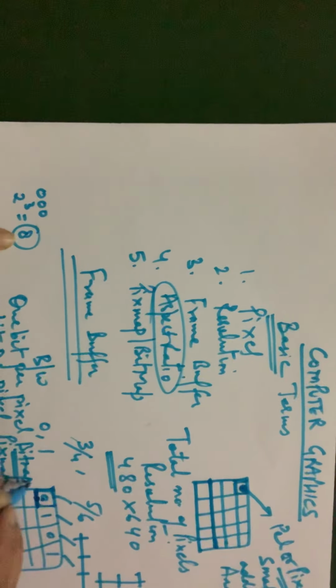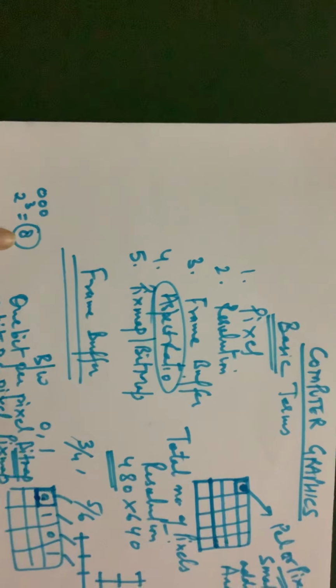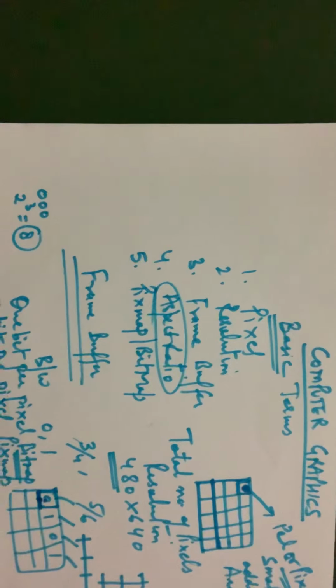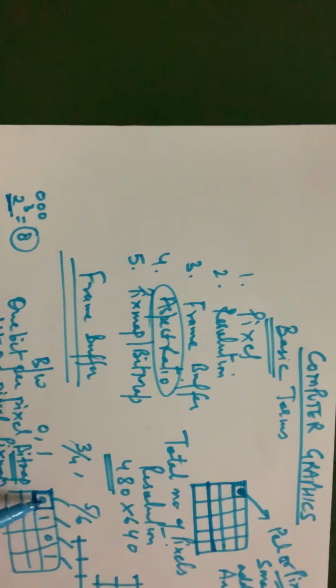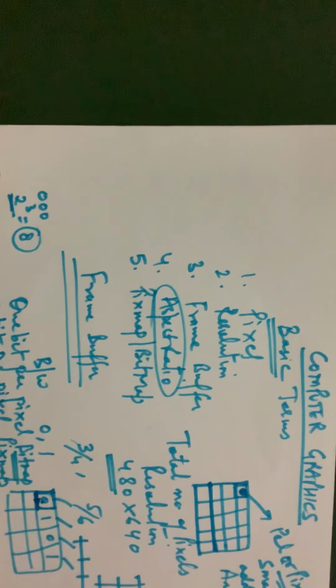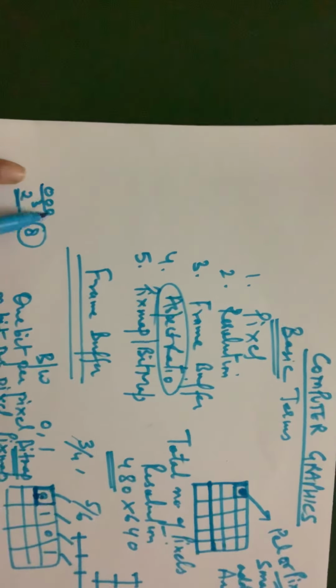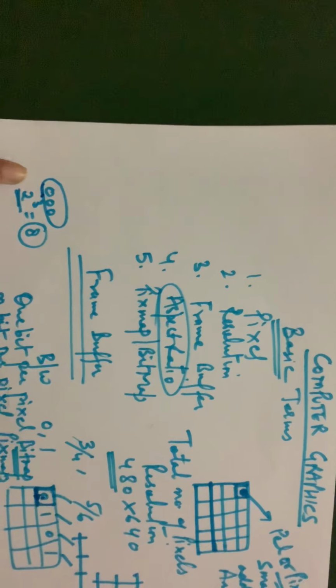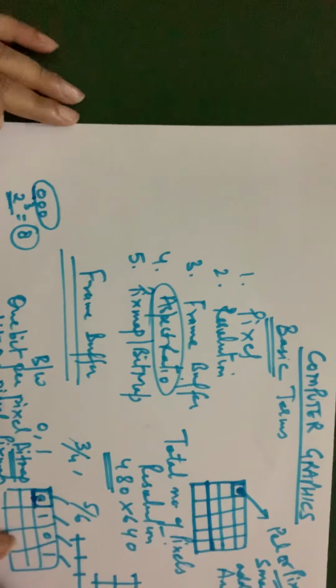So this is how the colors are generated in the system. And one more thing: as the number of bits per pixel increases, the number of colors increases, so we are able to generate more colors on the screen.